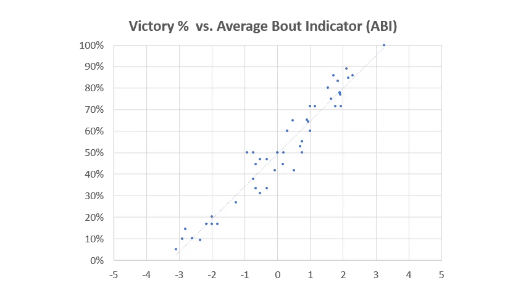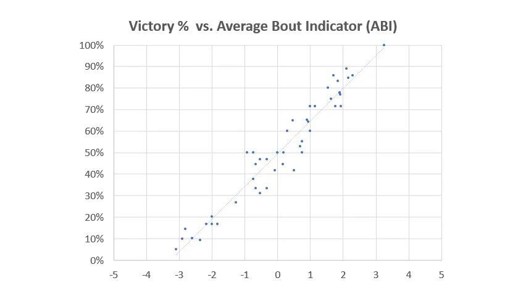Here, the observed victory rate for every athlete in the competition who managed to achieve at least one victory is plotted on the vertical axis against the corresponding average bout indicator for that athlete on the horizontal axis. And we don't have to do too much in the way of sophisticated analysis to see some useful patterns.